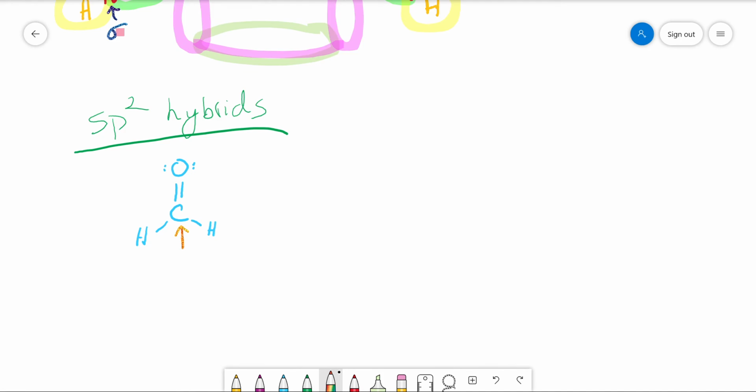That's pretty much anything with a double bond really is going to be an sp2 hybrid.